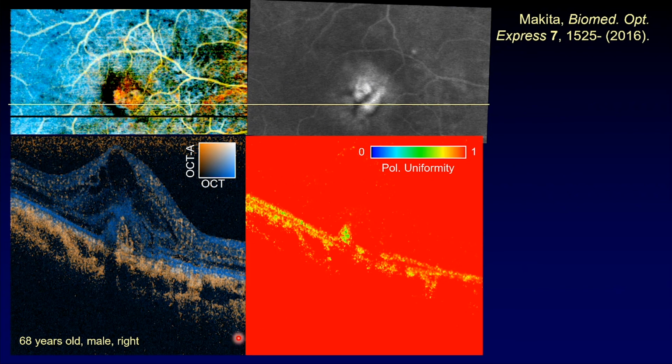we see these two, right? This one is a combination of OCT in blue and OCTA in red. There is an abnormal elevation of the tissue here, and there is blood flow at this point, so there is an abnormal vessel in this.